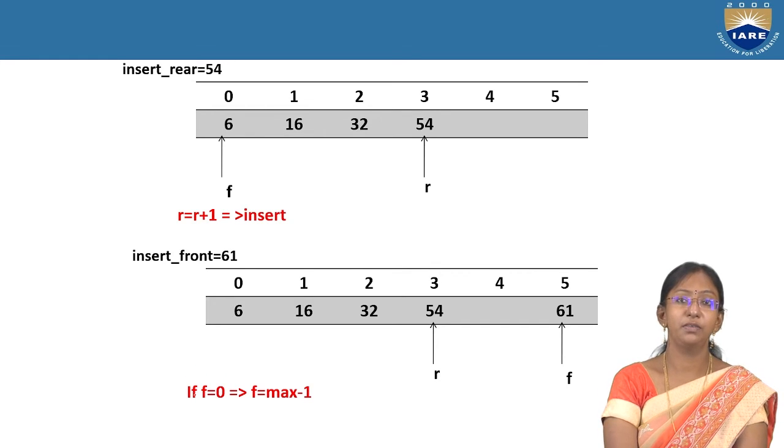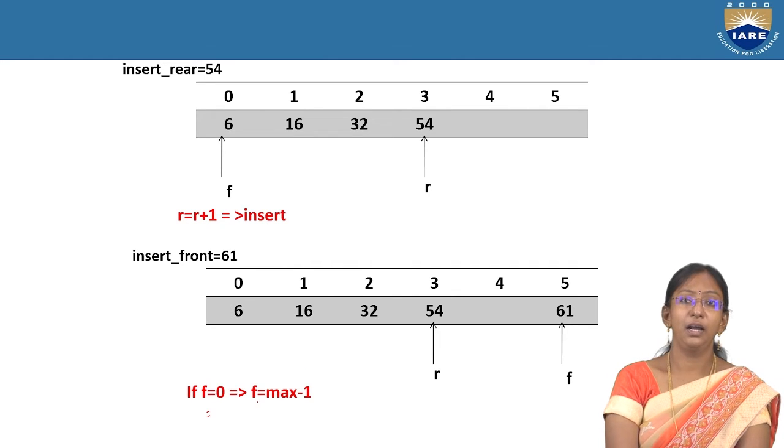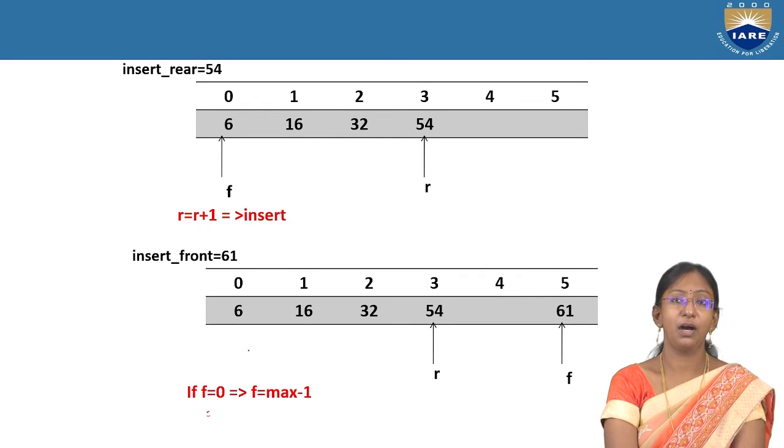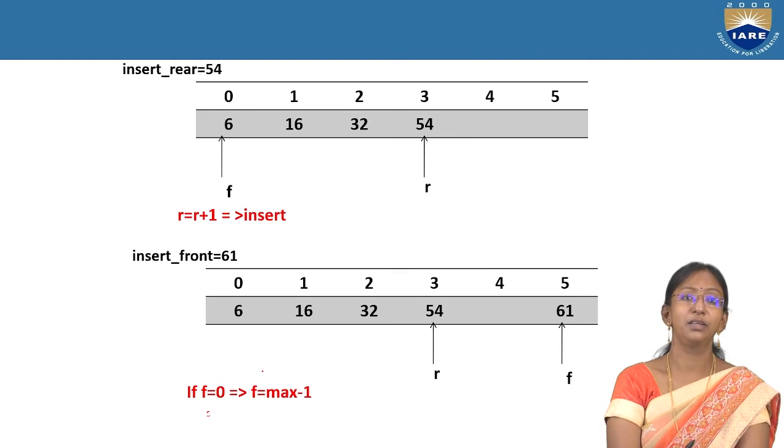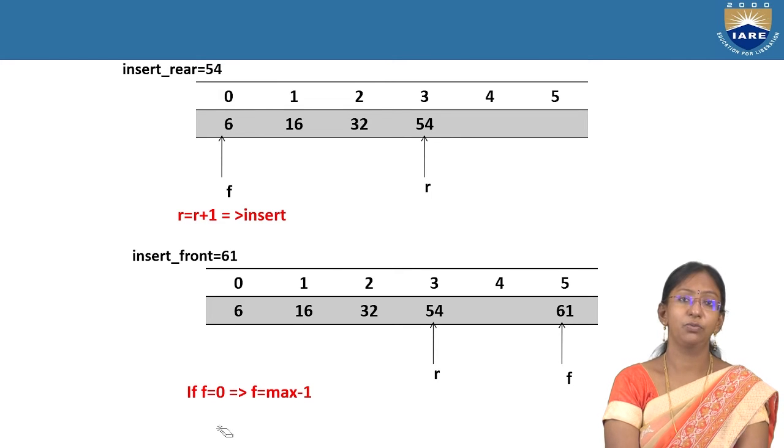There is a connection between them. So if f is equal to 0 and if the max position is vacant. Yes, it is vacant. How can you know that? If R is not pointing to the maximum index, then you can easily say that that place is vacant.